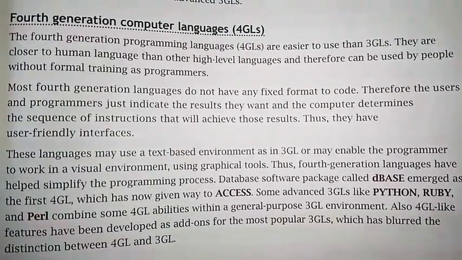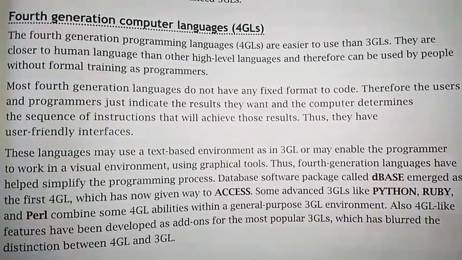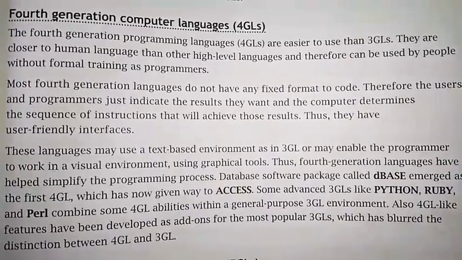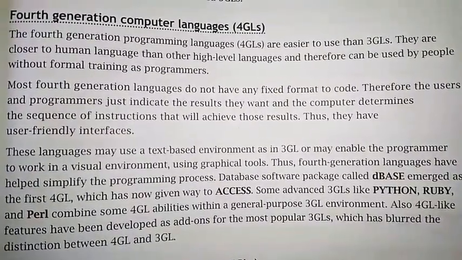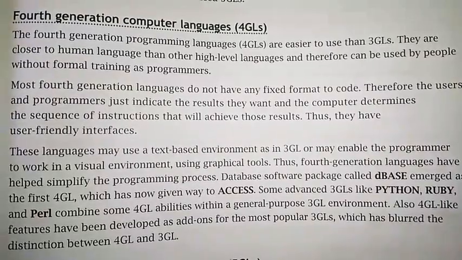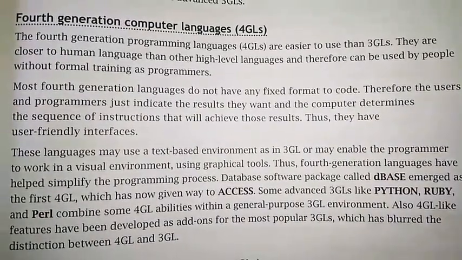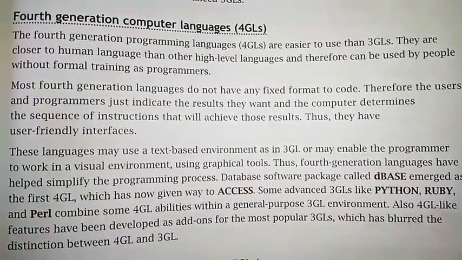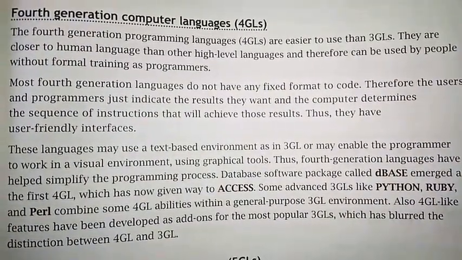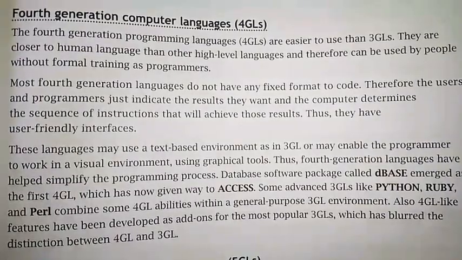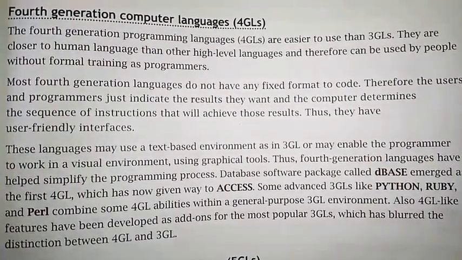Some advanced 3GLs like Python, Ruby and Perl combine some 4GL ability. So we can say that 3GL languages like Python, Ruby and Perl have advanced qualities of 4GL and can also be used as 4GLs.